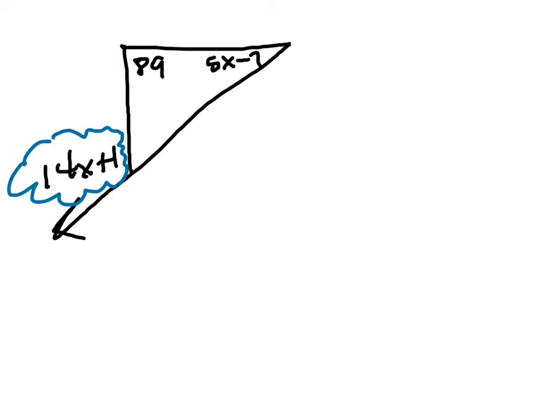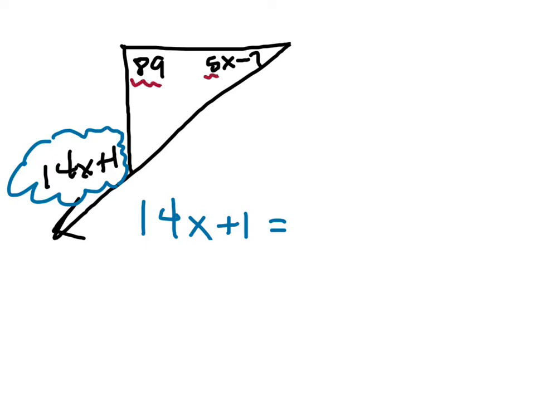If you look right above this problem in your notes, there's the exterior angle theorem. It says that the measure of the exterior angle, so 14x plus 1, is equal to the sum of the remote interior angles. The remote interior angles are two angles inside the triangle that are not next to or touching that exterior angle.